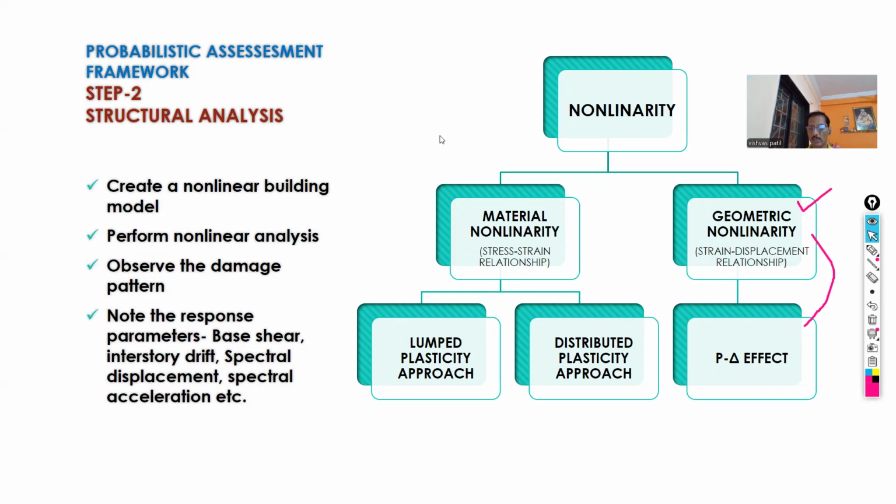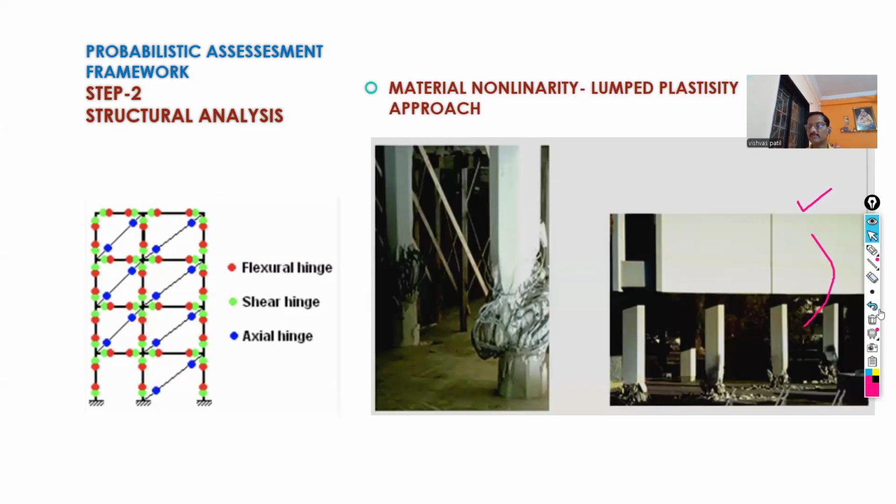So this is about nonlinearity. Further discussion: in software like SAP 2000, this sketch shows nonlinearity assigned to a beam and column. Different colored hinges mean we assign auto hinges; ready-made hinges are available.